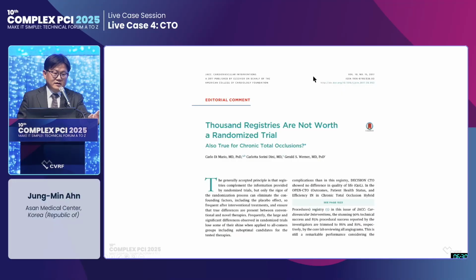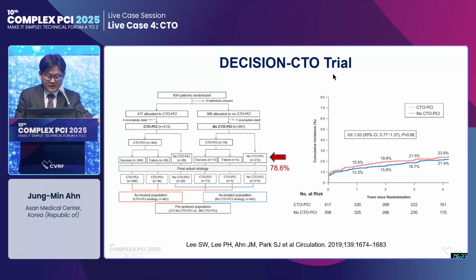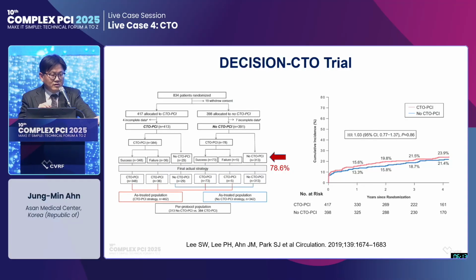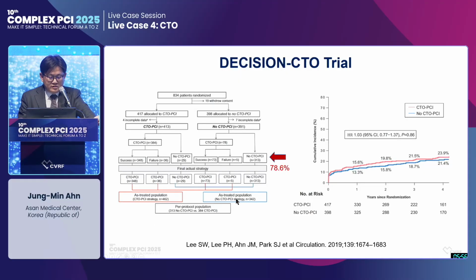So somebody asked our society to make some randomized trial. So we designed the DECISION-CTO trial almost 10 years ago. This study initially tried to enroll 1,600 patients, but due to slow enrollment, we stopped the patient enrollment after enrolling 800 patients. In this study, we randomized patients with a CTO, any one CTO, up to 2 CTOs, to a CTO PCI group and a medical treatment group.